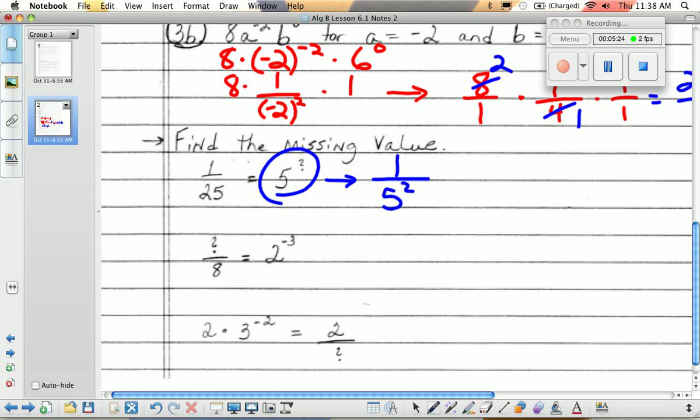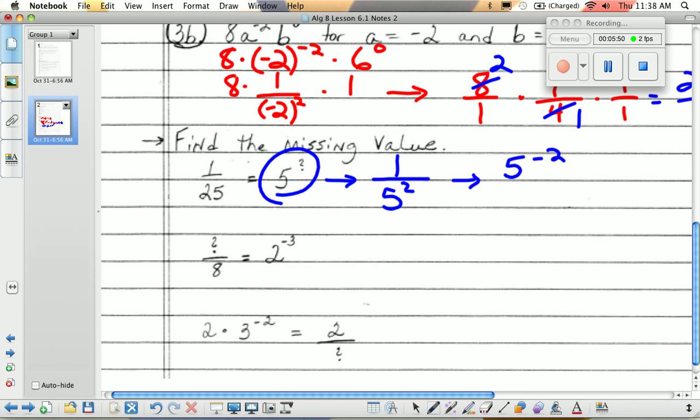No. So, do you remember from yesterday, I think it was, on the front side of our notes, so turn your notes over, what can we do? We have 1 over x to the n power, and it can become x to the negative n. So this can become 5 to the negative 2 power.